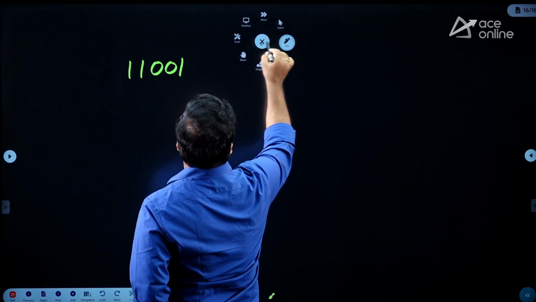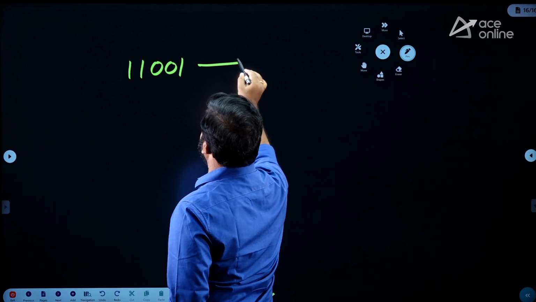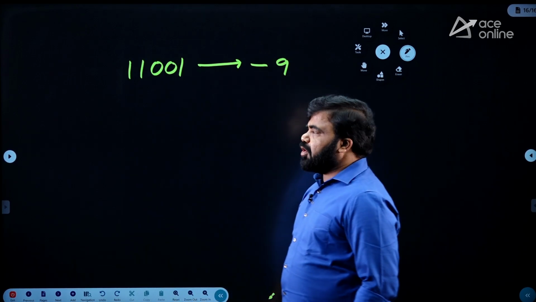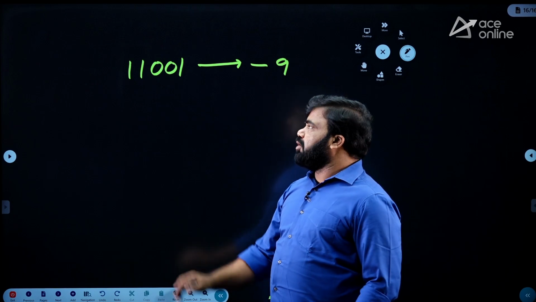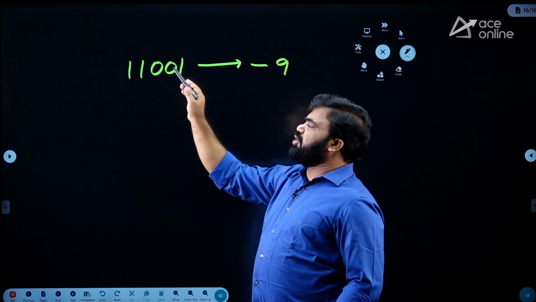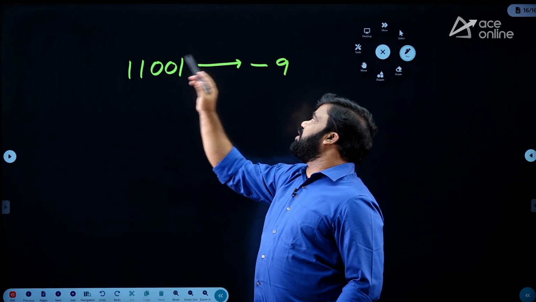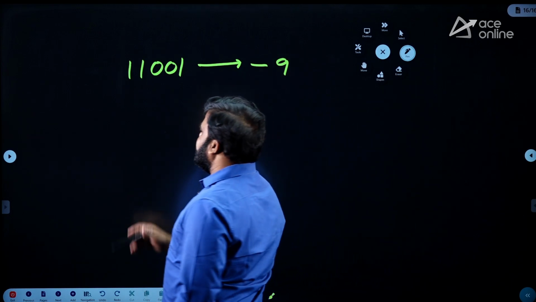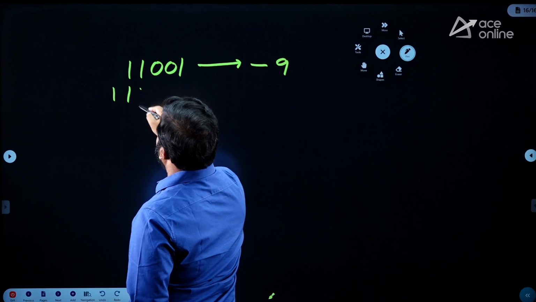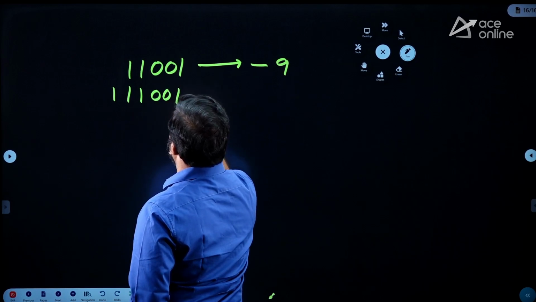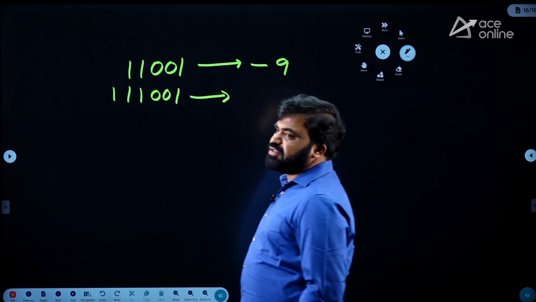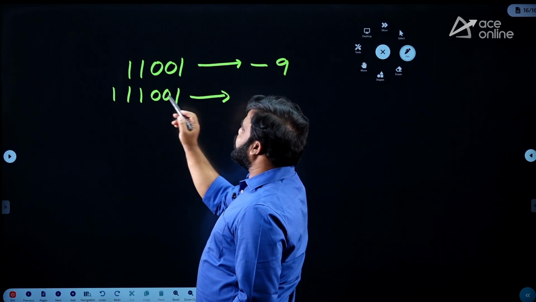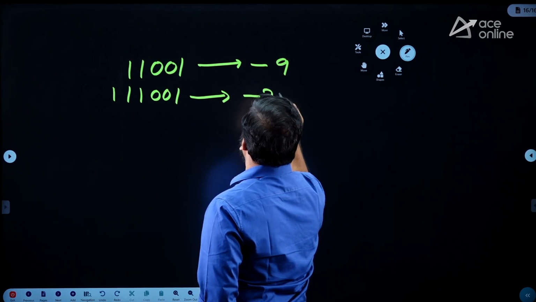11001, the decimal equivalent is minus 9 in signed magnitude. So excluding the sign bit, 1001 is 9 and the MSB is 1, so it is minus 9. If I extend the sign bit, 111001, its value is not minus 9. What is it now? It is 9, 16, 25, so it is minus 25.